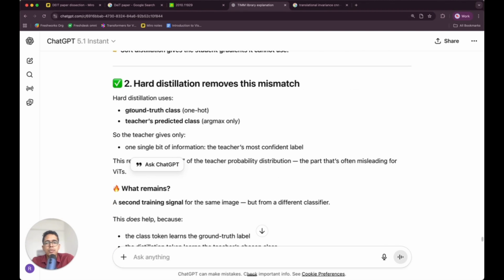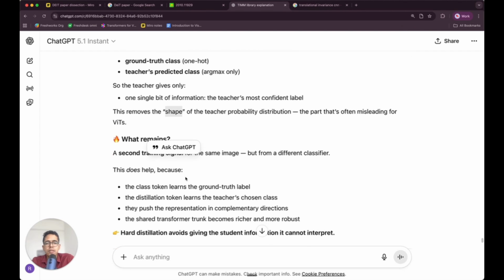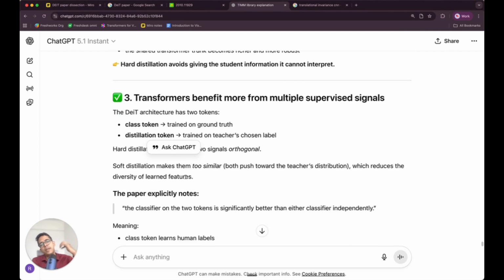Hard distillation uses one-hot ground truth for the class token and teacher's argmax for the distill token. So the teacher gives only one single bit of information, the teacher's most confident label. This removes the shape of the teacher probability distribution. So basically what ChatGPT is saying is, if we were training a convolutional neural network using another convolutional neural network as teacher, maybe soft distillation would have been better.